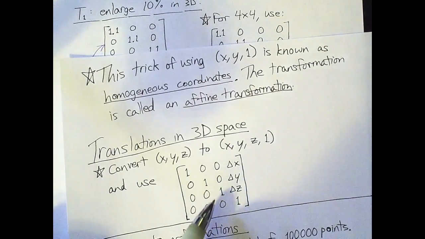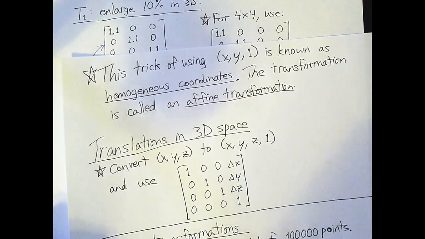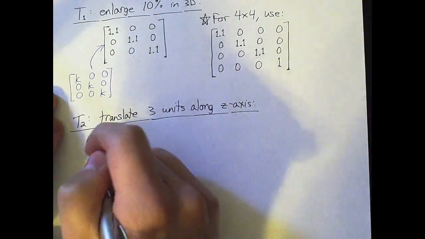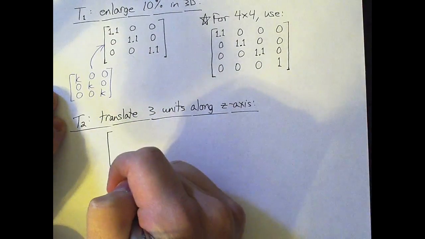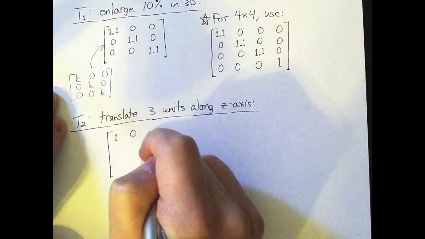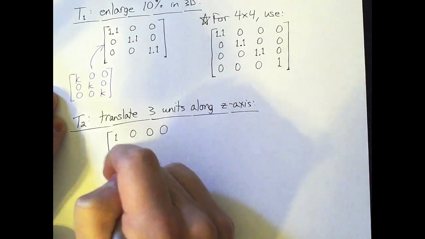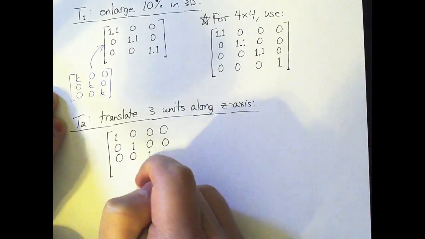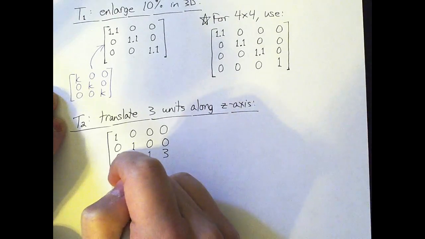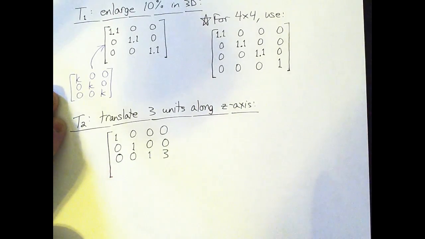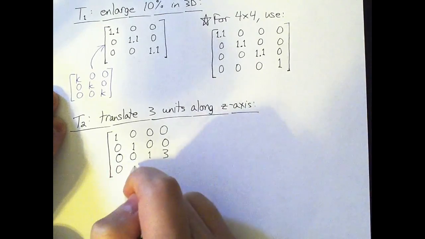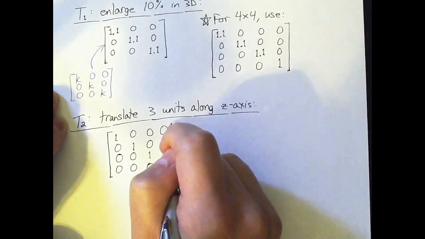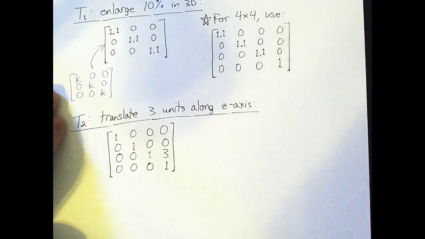It's mostly 1s, but there's a delta x, delta y, delta z. That's what we're going to use here. So simply use the 4x4 matrix, 1, 0, 0, 0, 0, 1, 0, 0, 0, 0, 1, 3, because we want to move 3 units. It's a positive 3, so we're moving 3 units in the positive direction along the z-axis. That's going to be our 4x4 matrix.